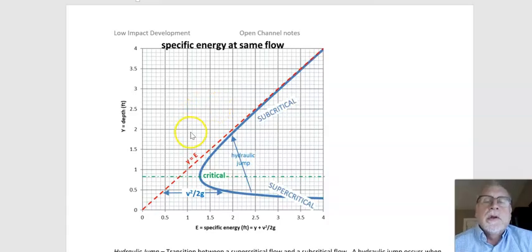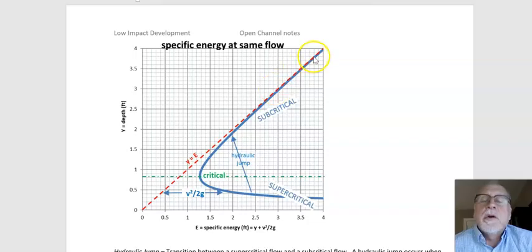For the same flow, if it's going down a flat-ish surface, it's going to be deep and slow, and that's subcritical. If we plot, this blue here is the specific energy, y plus velocity squared over 2g.